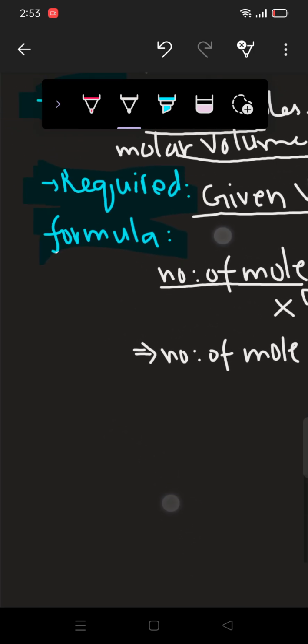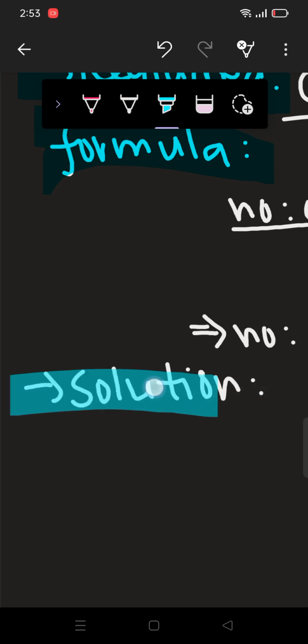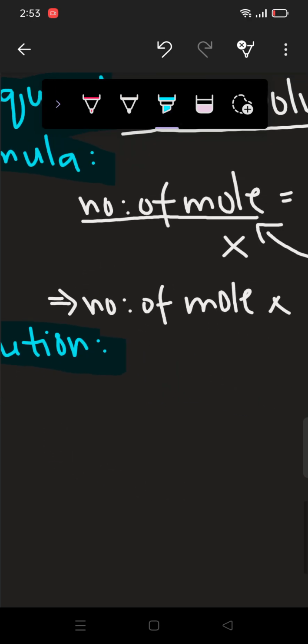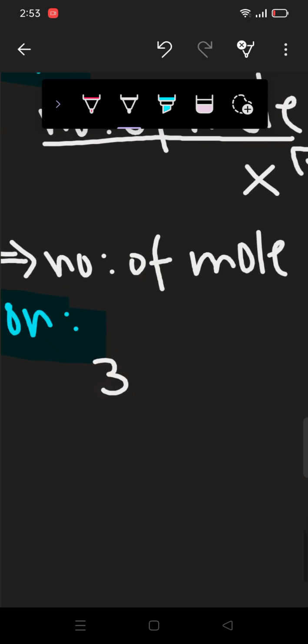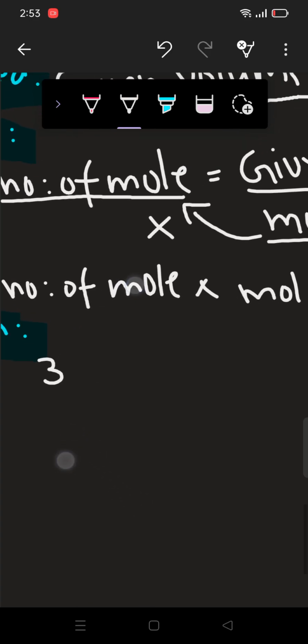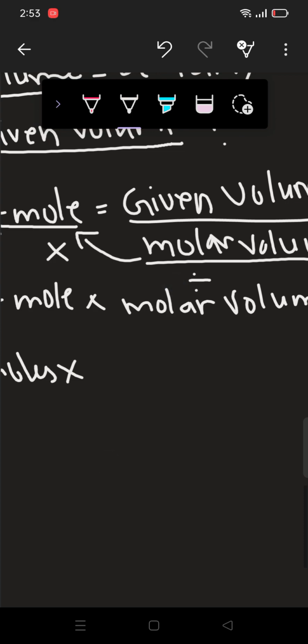Now the fourth step of solving the numerical is to do the solution. So now we are going to solve it. We have already written the formula, you just need to substitute the values. Moles is given in the question and that is 3 mole. 3 moles into molar volume.